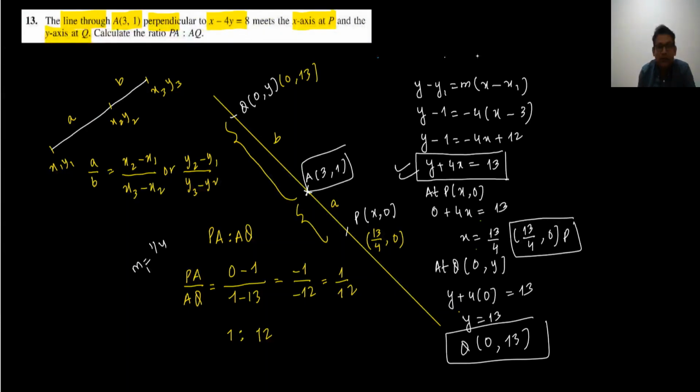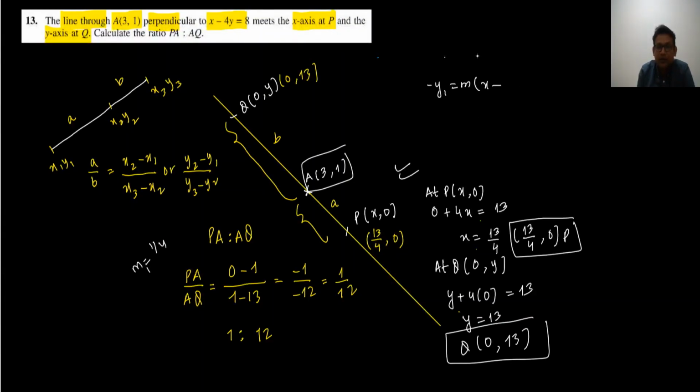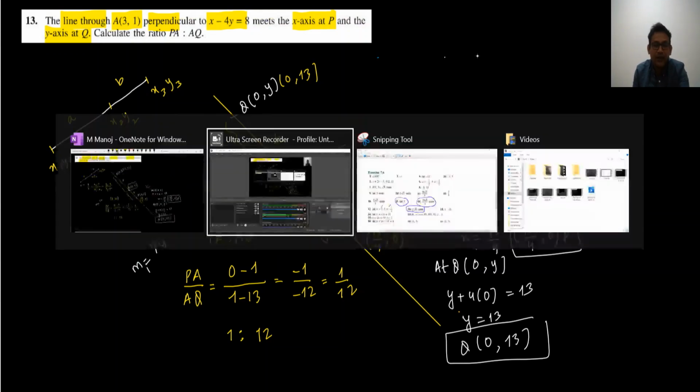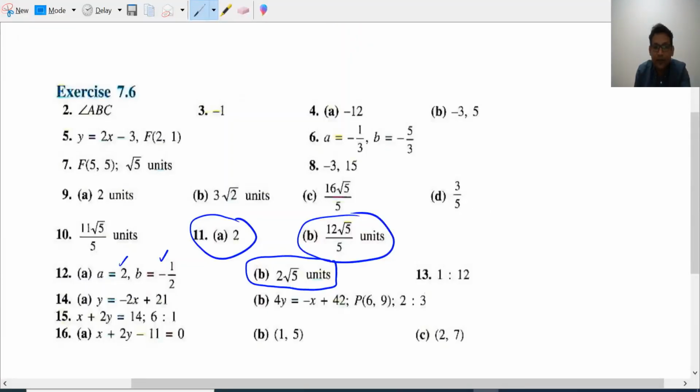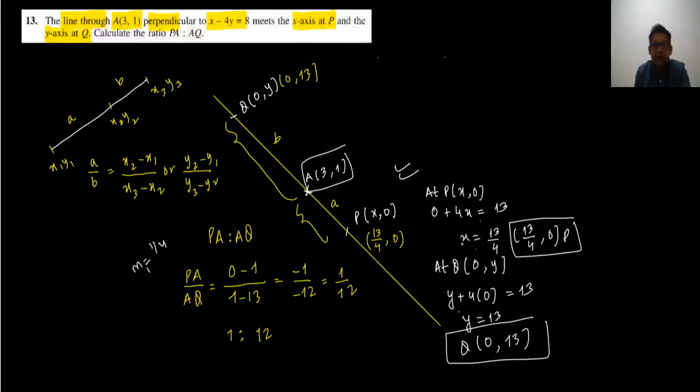If you want to use x, I think there is no problem. Let me check. Otherwise, I think we have done it. Let me check the answer of this part first of all. Yes, we have done it right, absolutely right. You can even use a distance formula.